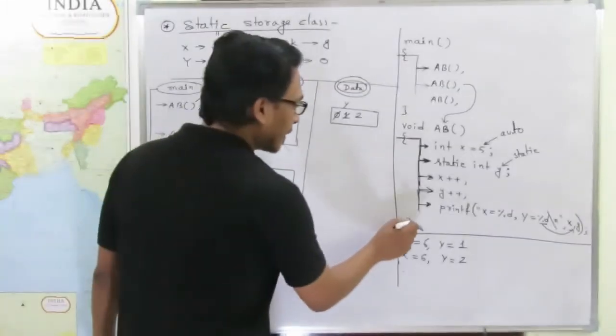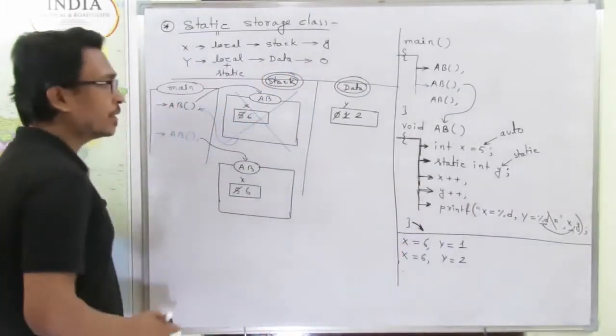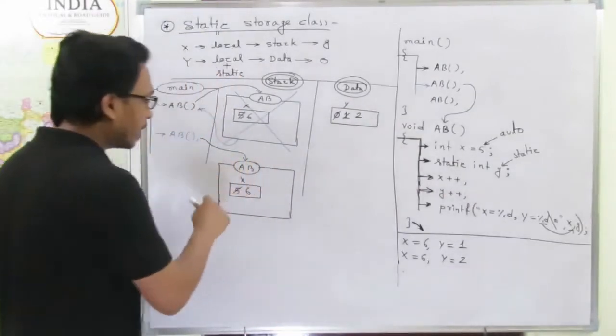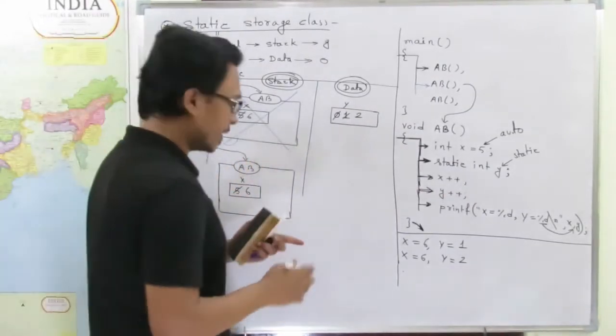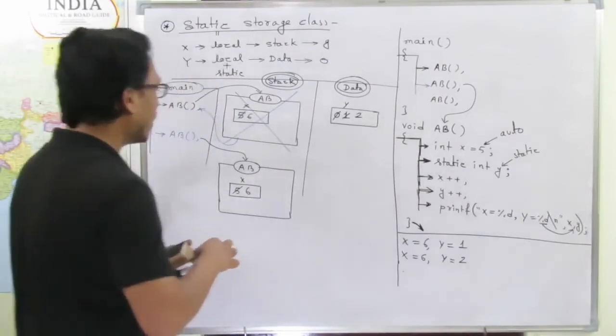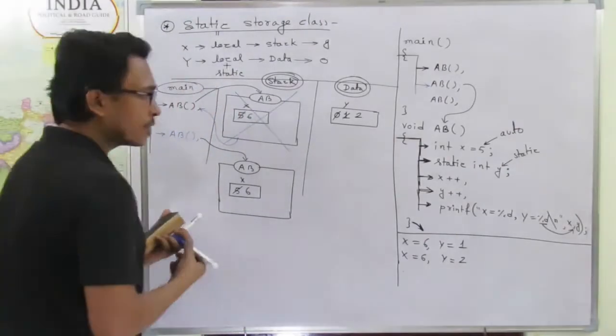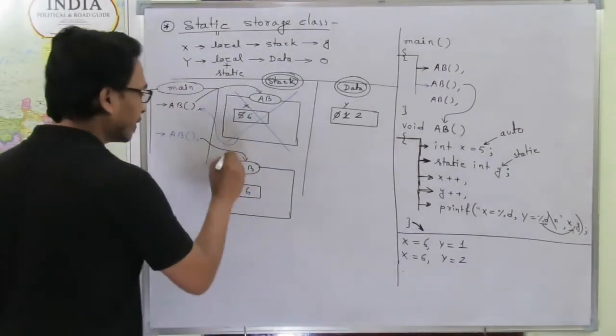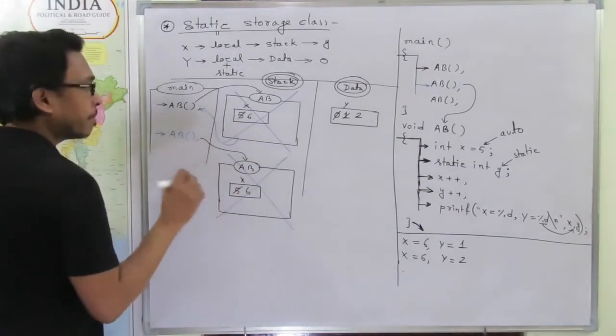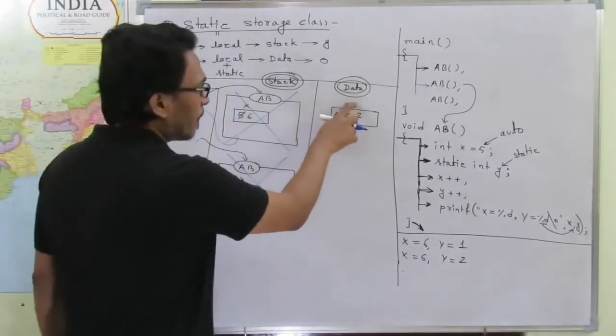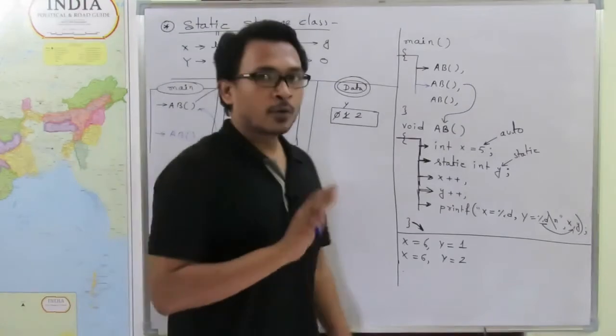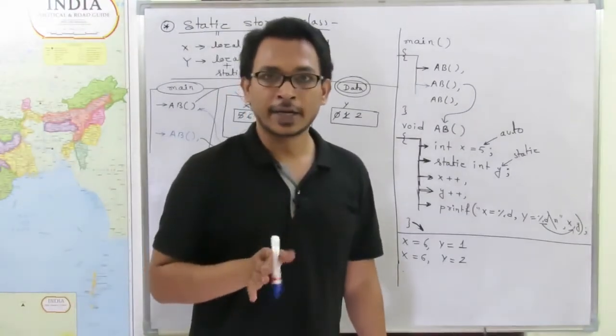Now again the system encounters the closing brace. That means the execution of this particular ab instance is completed. That means all the memory allocated to this particular instance from the stack section is again deallocated by the system. But still the memory allocated for static variable y is not deallocated. Clear?